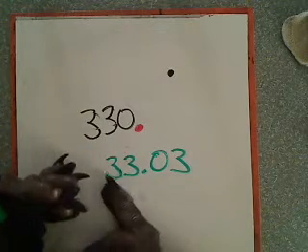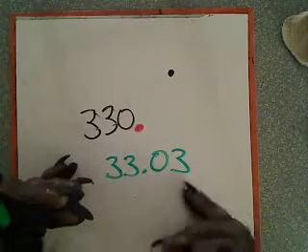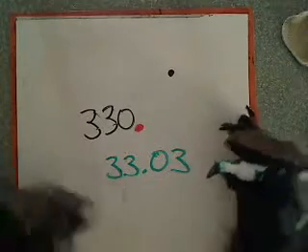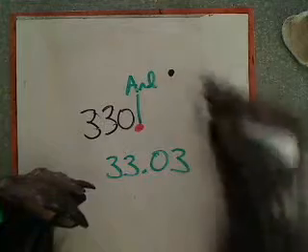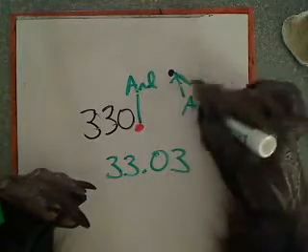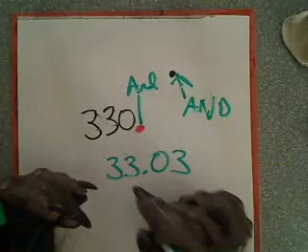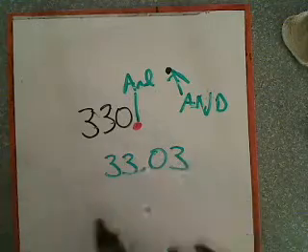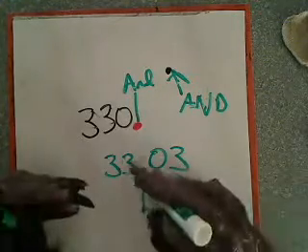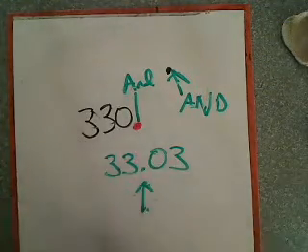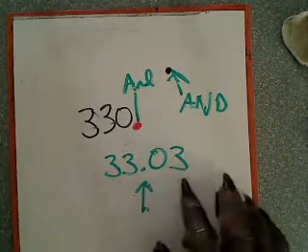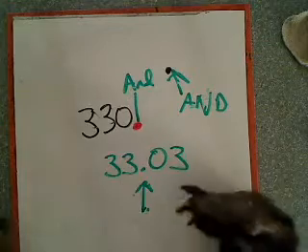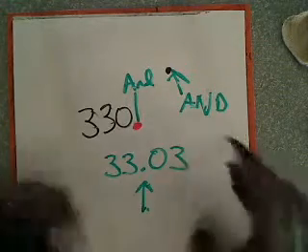This is a whole number and a decimal, and it's read 33 and. Anytime you see the decimal, you say and. Say it 3 times. So this is 33 and 3, and we'll talk about this in a little bit, but this is actually hundredths.